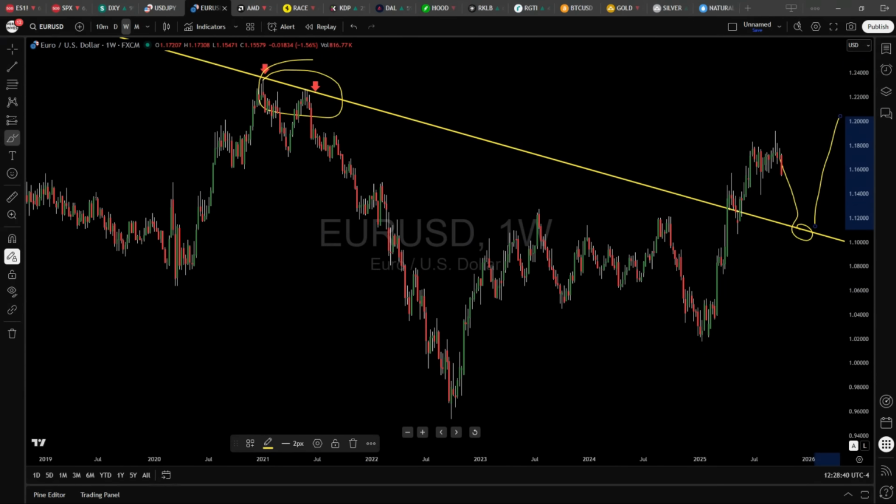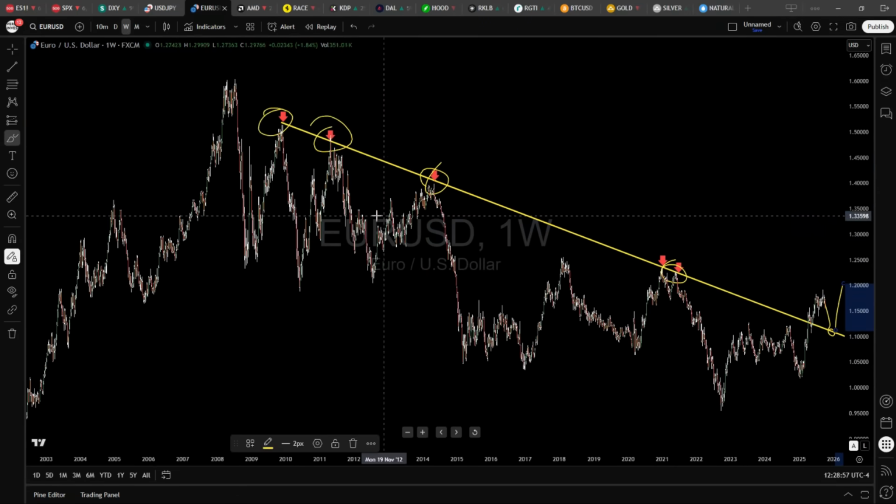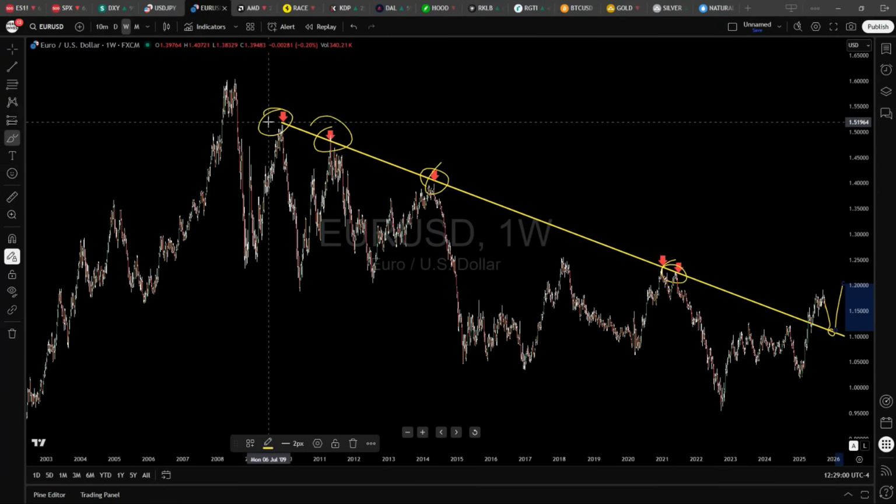And the euro should honestly, based on what I'm seeing here, it's pulling back because the dollar is strengthening. But this is telling me that on a retrace and a little bit more of a substantial pullback on the euro against the dollar, you're looking at a bigger move to the upside. This is a major breakout that goes all the way back to the financial crisis.